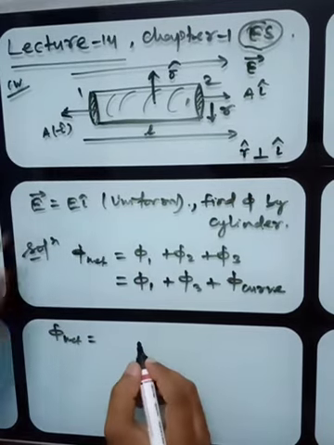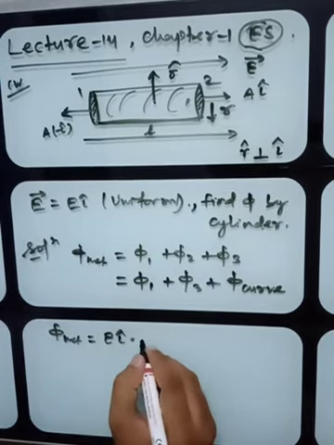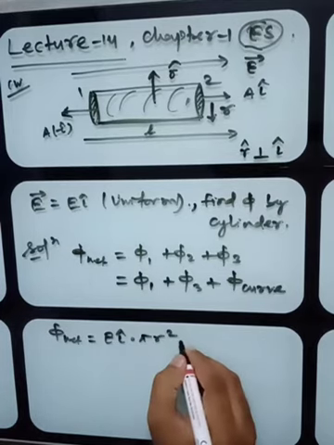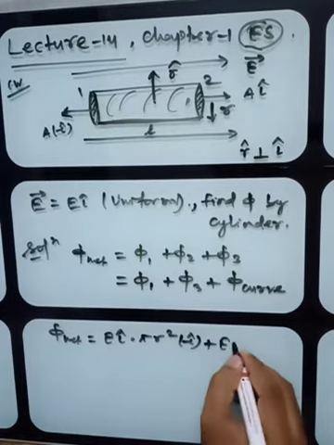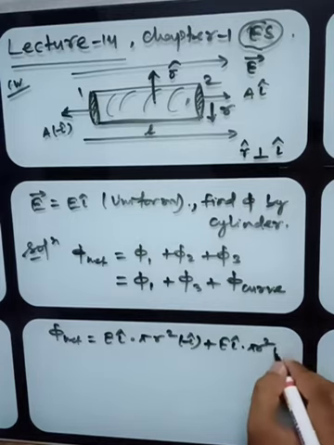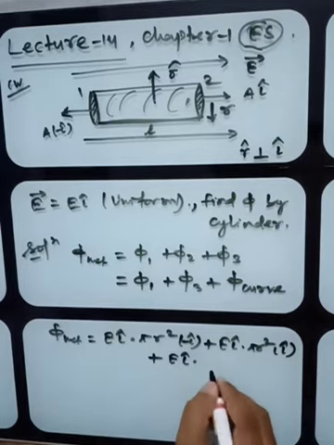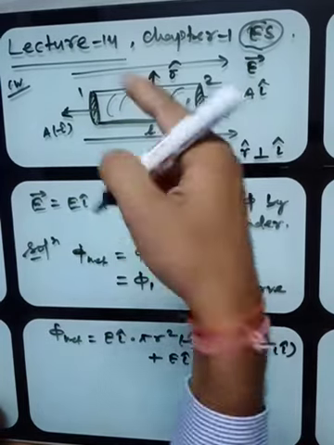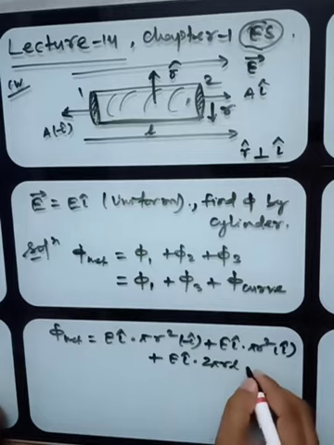Here for this surface it is E i dot area, which is pi r square, so pi r square and minus i cap, plus for the second, E i again pi r square and direction i cap, plus E i dot the curved surface area of the cylinder, which is 2 pi R L, and the direction is r cap.